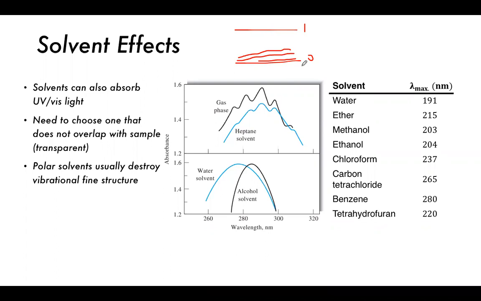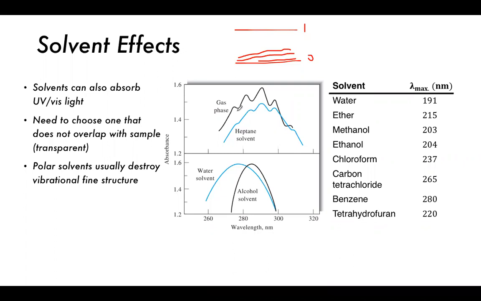Those contribute to what's called the vibrational fine structure. And so that's why we have the sharp, jagged lines. So the more polar your solvent, the more likely it is to destroy this, because the polarity allows the transference of this energy much more easily than non-polar molecules do.